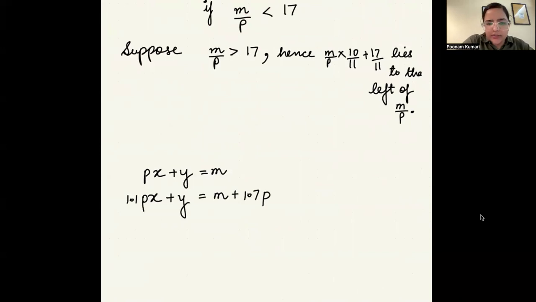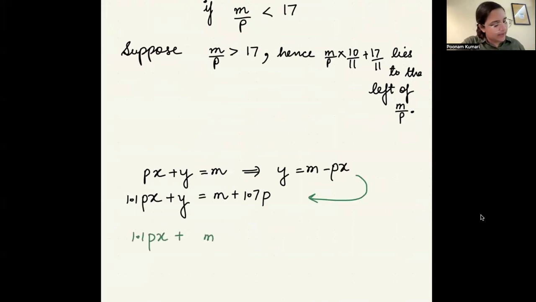Can I find the value of y from here? y is m minus px, and I can put this y value here. So this is 1.1 px plus m minus px is equal to m plus 1.7 p. Yes or no?